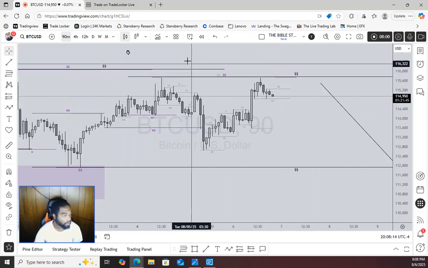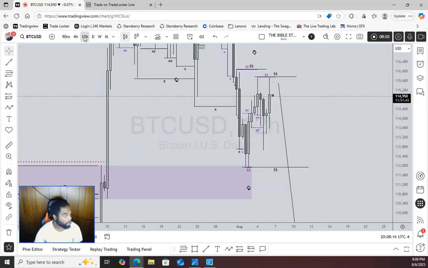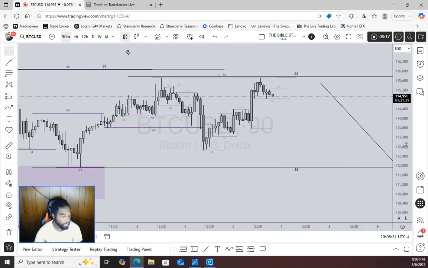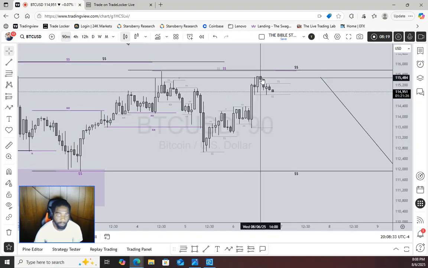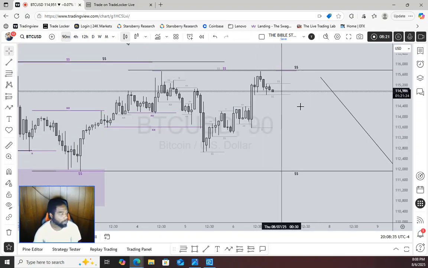So basically, understanding that we have come into this price action and established these equal highs, we know that it's time for price to sell. So down here in the 90-minute, we will want to see bearish price action. So we will want to see price starting to take lows here on the 90-minute.